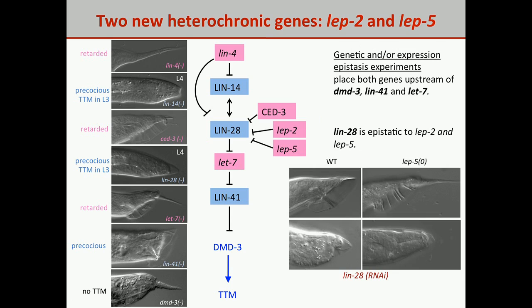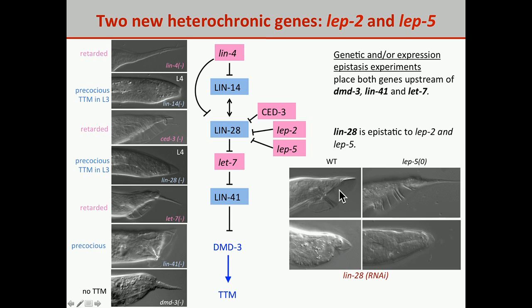We wanted to put these genes into the heterochronic pathway, doing genetic and expression epistasis analyses. We found that LEP2 and LEP5 act upstream of DMD3, of LIN-41, and LET7. We further found that LIN-28 is epistatic to LEP2, so I'm showing here an example for LEP5.